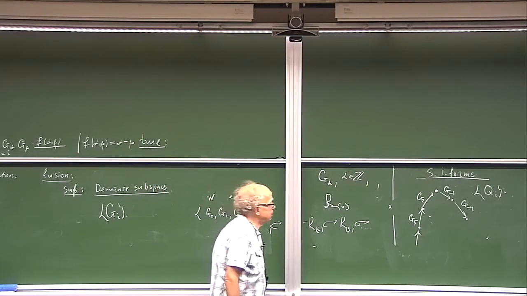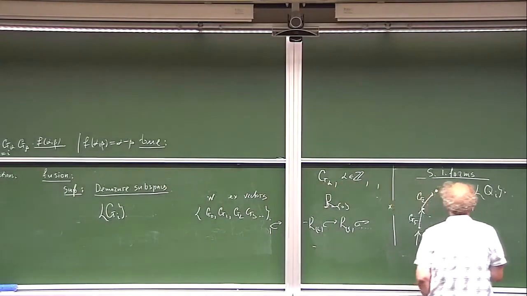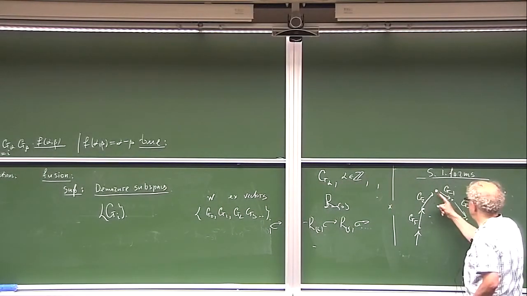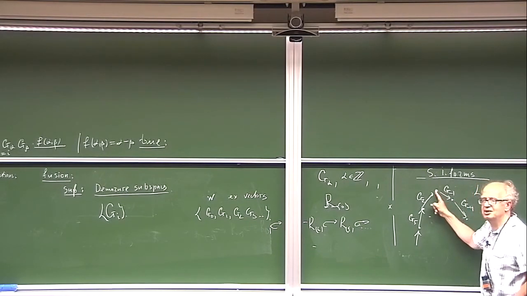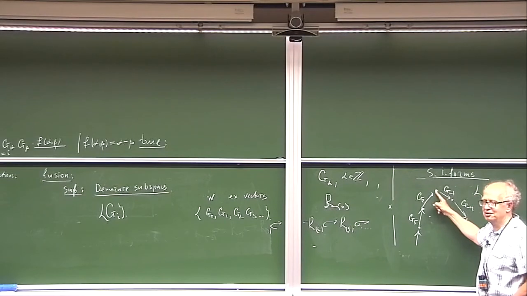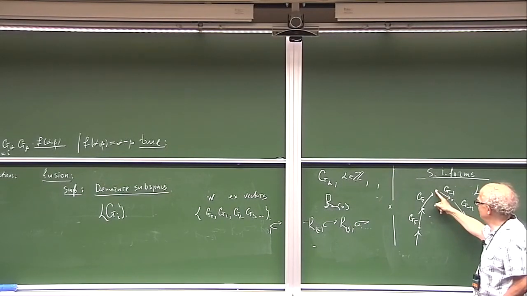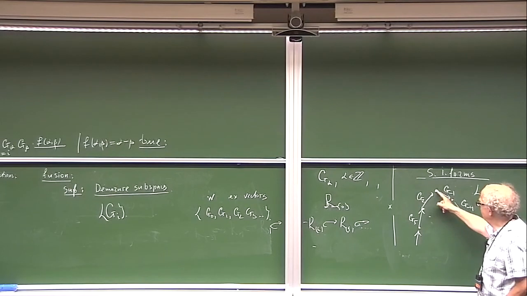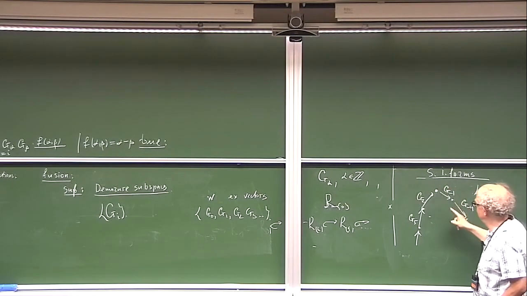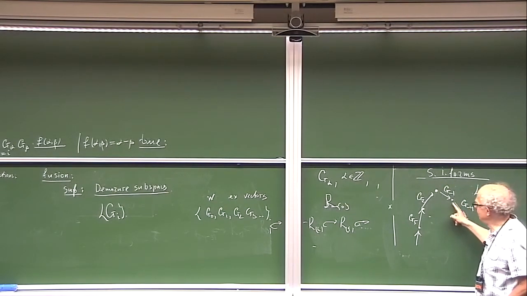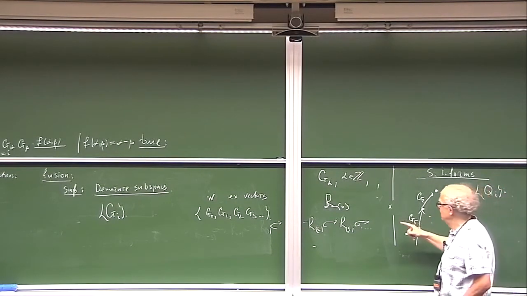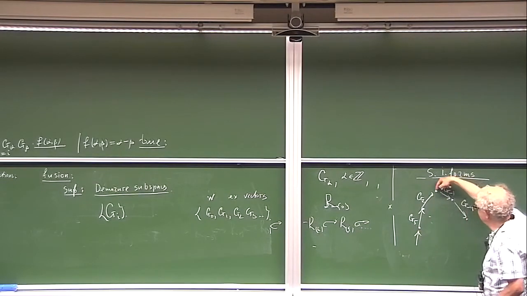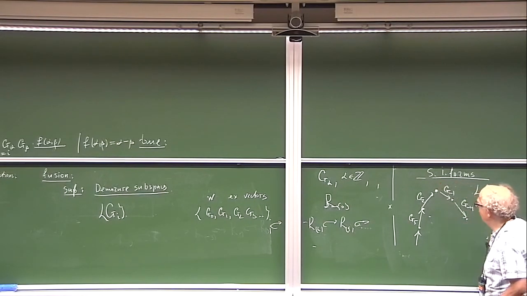It is not interesting to apply these operators to this vector, because the result is zero. For example, this vector, by definition, is killed by G0, G1, G2, and so on. This vector belongs to the same space, because my R0 is a part of the space generated by this vector.